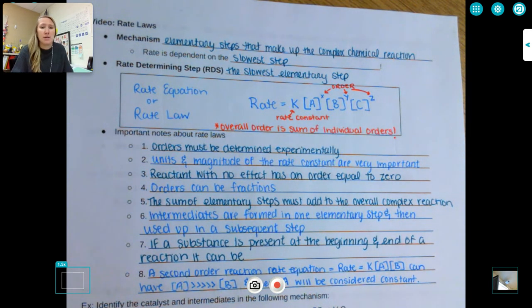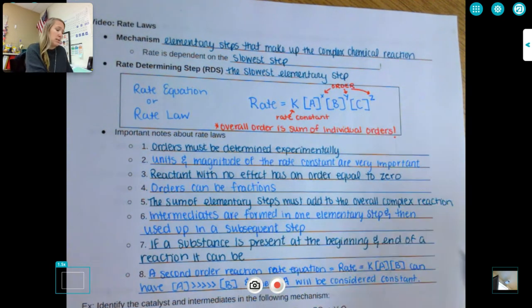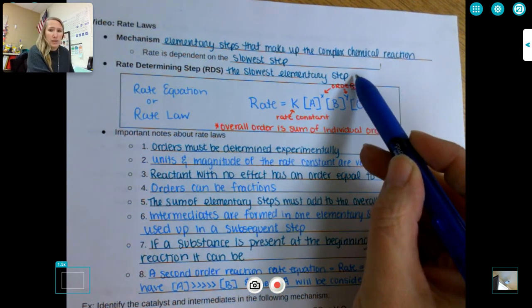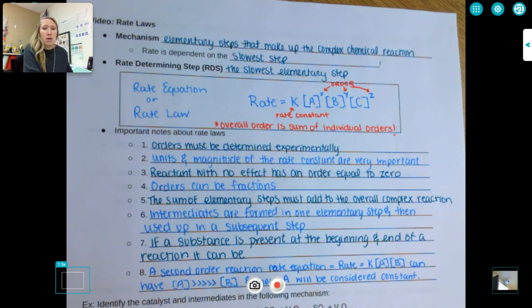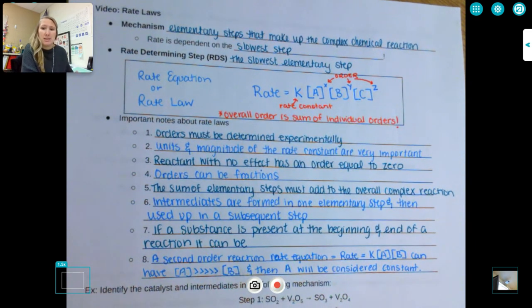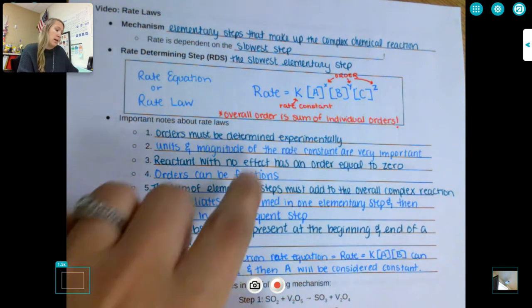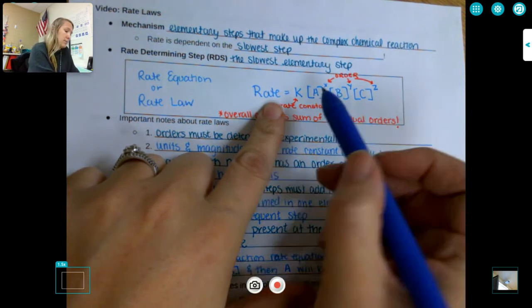And we have talked about that the rate is going to be dependent upon the slowest step. And we call that the rate determining step, or RDS, which is the slowest elementary step of all of them given to us. And sometimes these are given to us in terms of a mechanism. Other times it's going to be experimentally determined. But regardless, we're going to have a rate given to us.